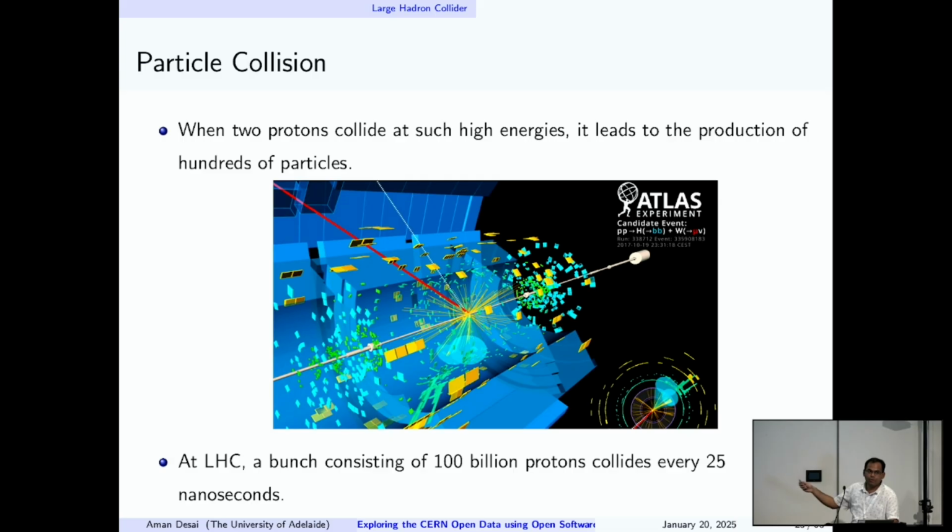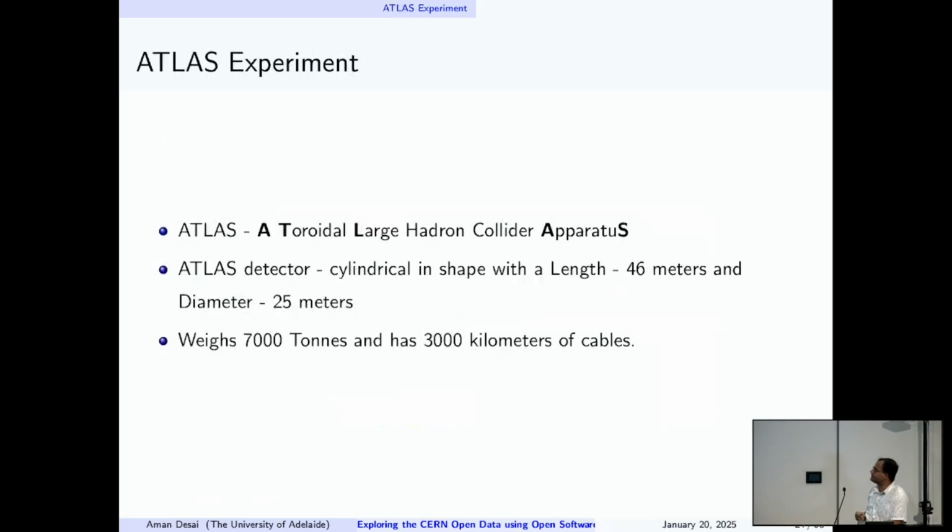Even then, only about 50 protons actually collide, because protons are very small in space. So in the end we don't have many, but it's still important to see that there are 100 billion every 25 nanoseconds.